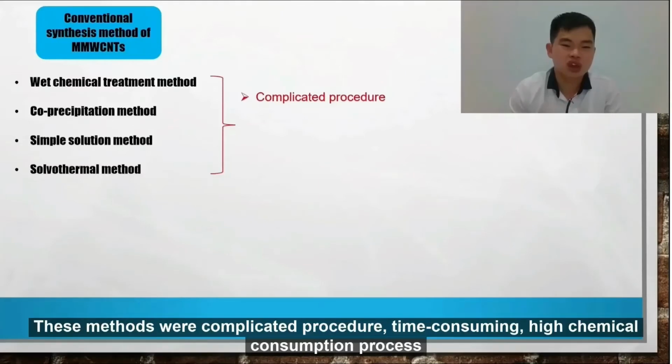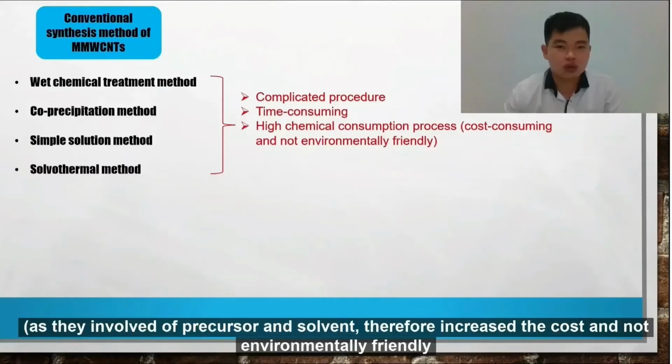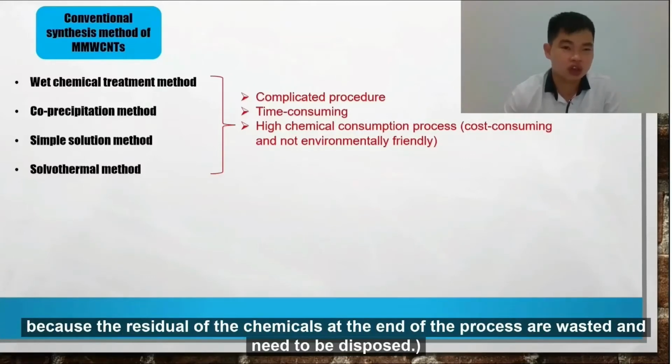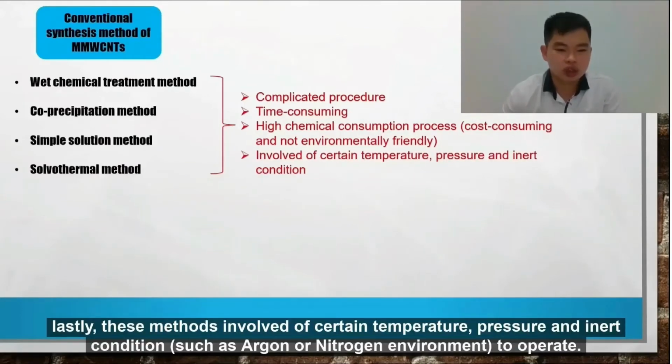These methods have complicated procedures, are time-consuming, and have high chemical consumption, as they involve precursors and solvents, therefore increasing the cost and not being environmentally friendly, because the chemical residue at the end of the process is wasted and needs to be disposed of. Lastly, these methods involve certain temperature, pressure, and inert conditions such as an argon or nitrogen environment to operate.